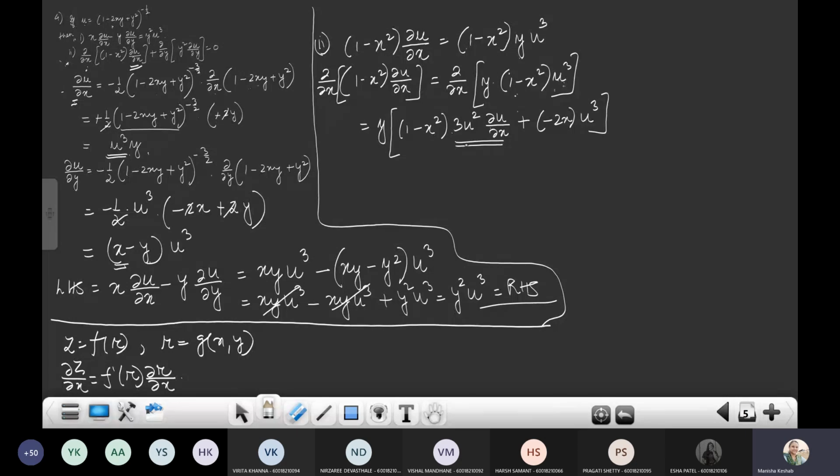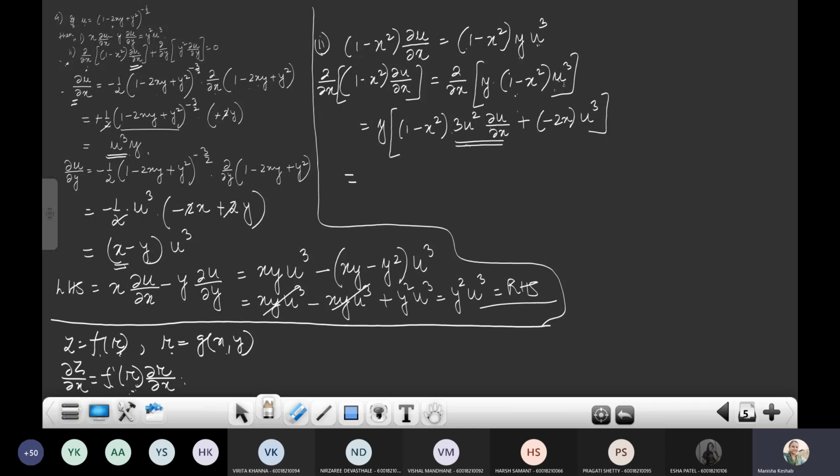So we are doing exactly that. Here our function is a function of u, which in this case we consider as r, and u is a function of x and y. So when we differentiate with respect to x, f dash of u is 3u square, right? And then del r del x, so del u del x. So you can see we are using this.